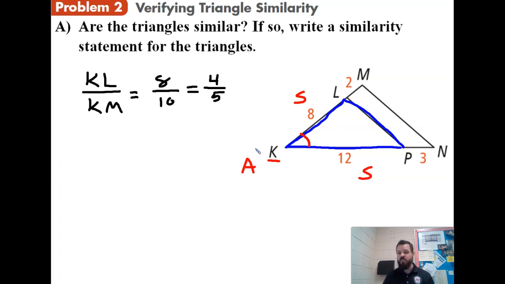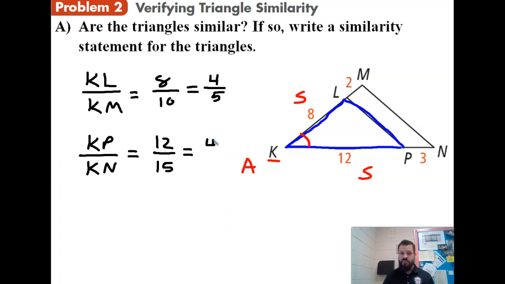And we want to see if that's proportional to the bottom side. In other words, do we get the same fraction when we look at KP over KN? KP is 12. KN would be 12 plus 3, 15. And reducing those, I can divide them both by 3.